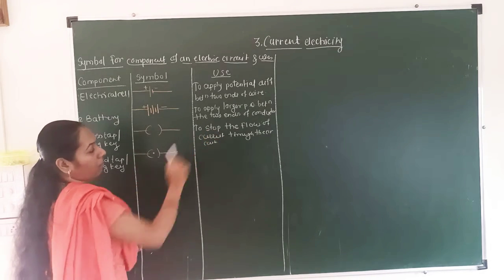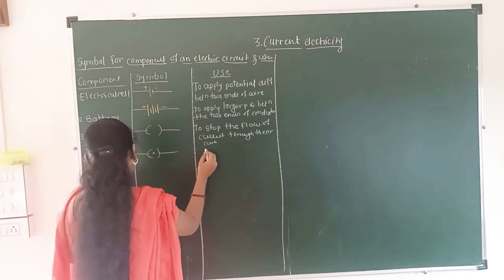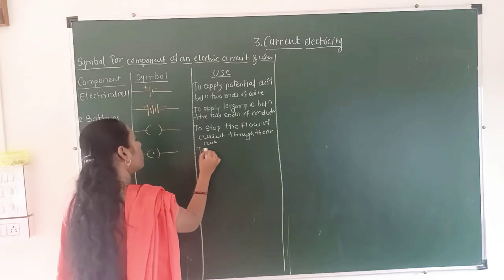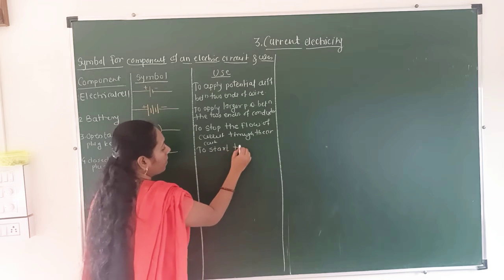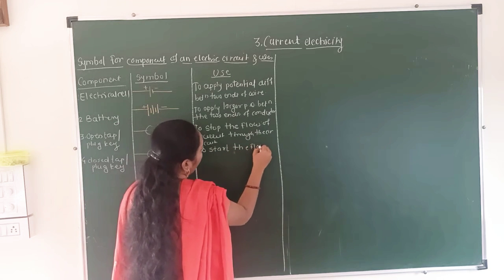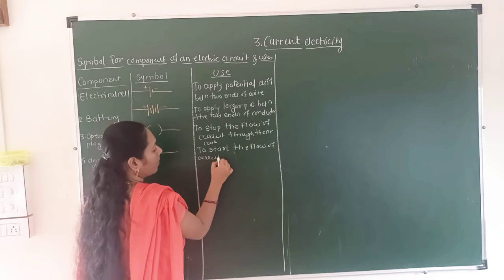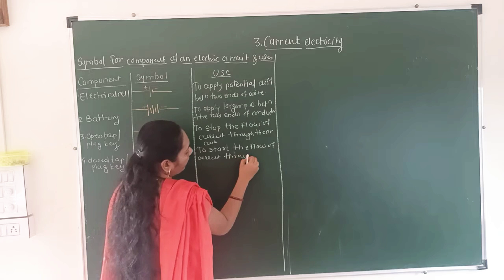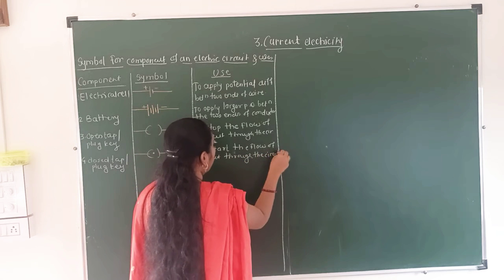To stop the flow of current, whereas the use of the closed key is to start the flow of current through the circuit.